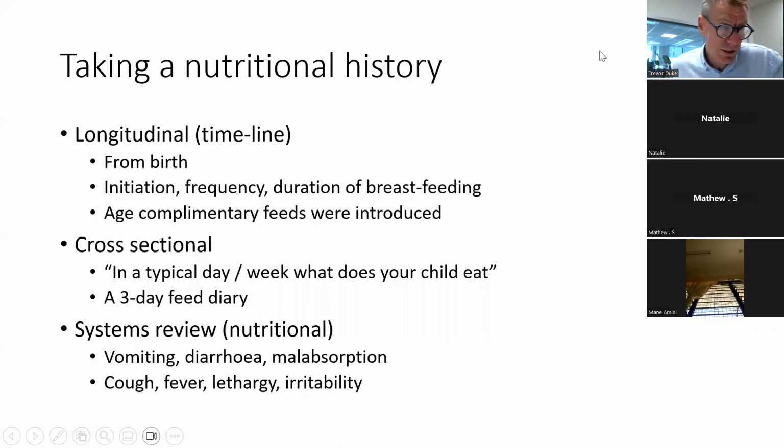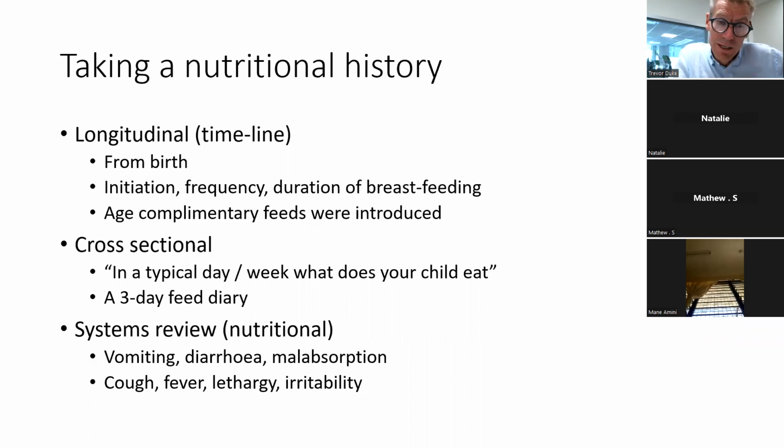Now, I mentioned that the underlying causes of failure to thrive can be identified by taking a good history, and sometimes it's difficult to work out just how to take a nutritional history. I think there's at least 2 ways that you need to take a nutritional history.